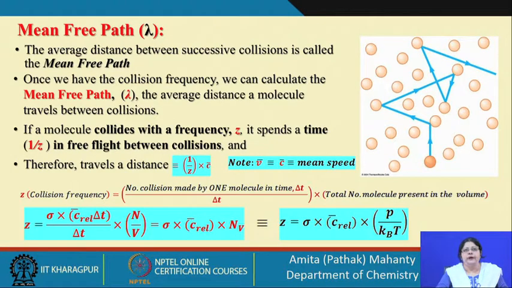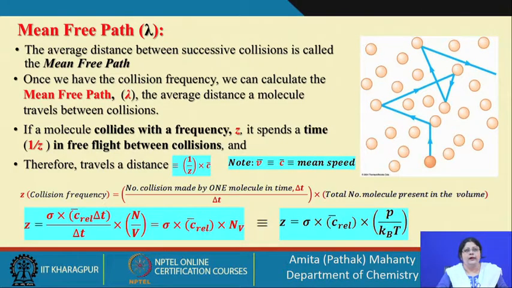It is usually represented by lambda. Once we have a collision frequency, we can calculate the mean free path, the average distance a molecule travels between collisions.